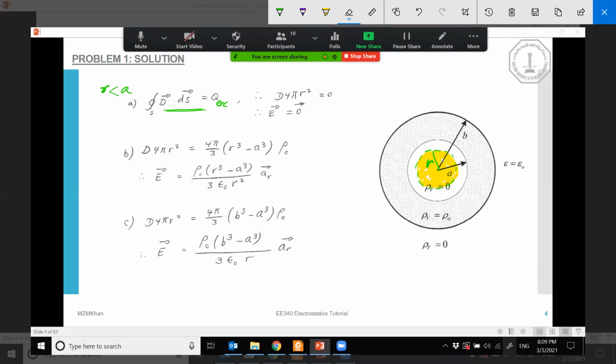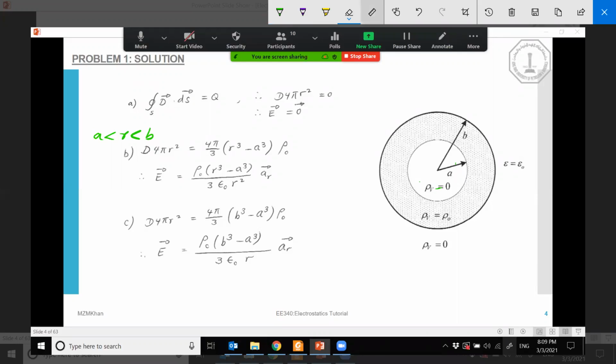Okay, now the next case. Our next case is when we are in the region where r is between a and b. So that means I am in this region.